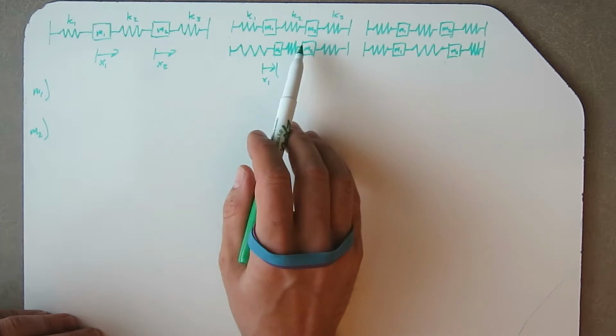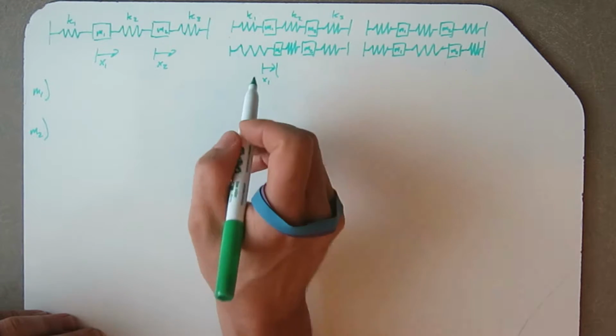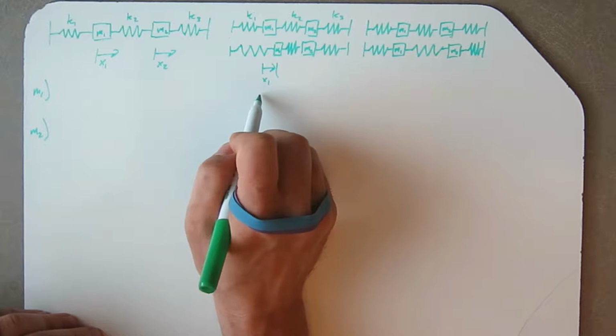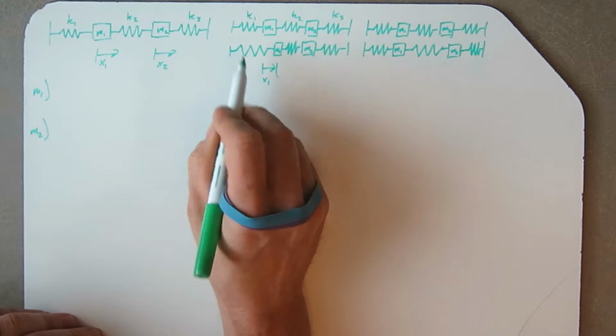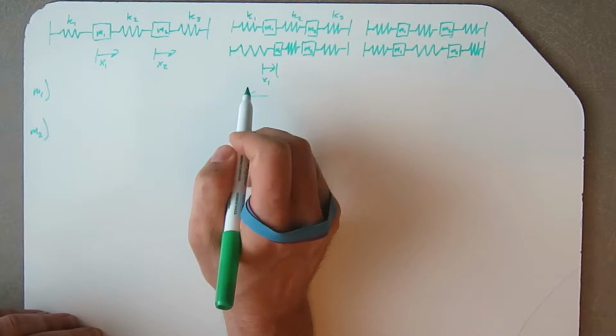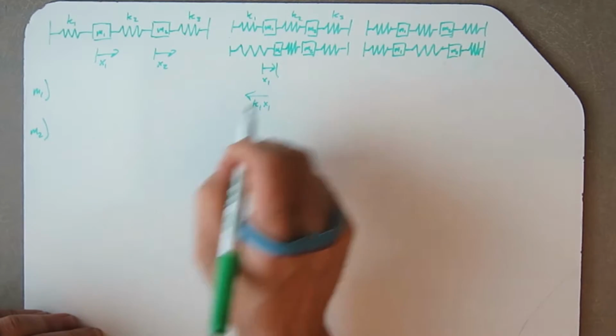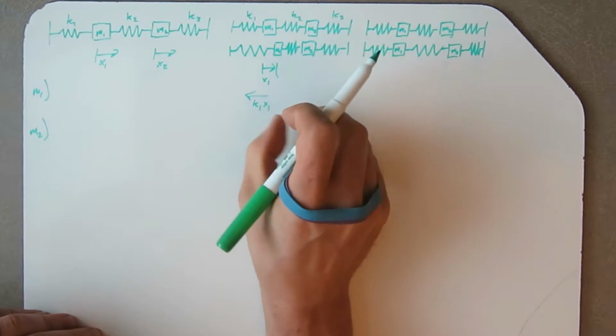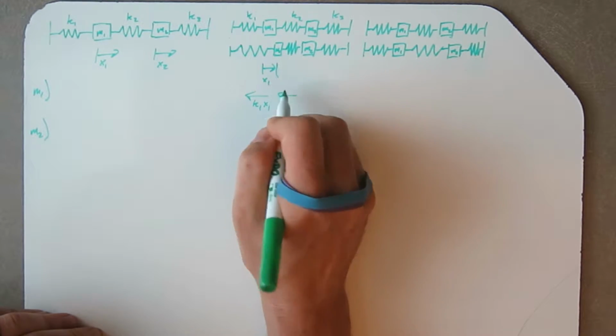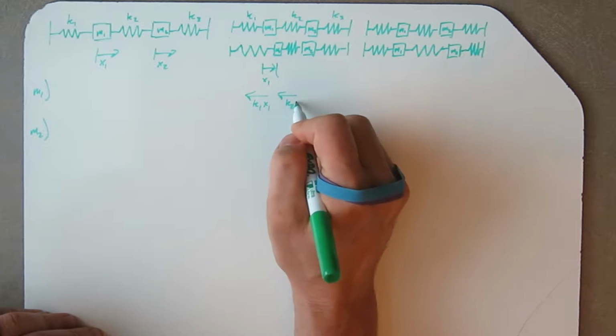K1 has been stretched. K2 has been squished. So there's going to be a force from K1, the stretched spring. It's going to want to pull M1 back by K1 times x1. And then K2, the squished spring, is going to want to push M1 back, K2 x1.